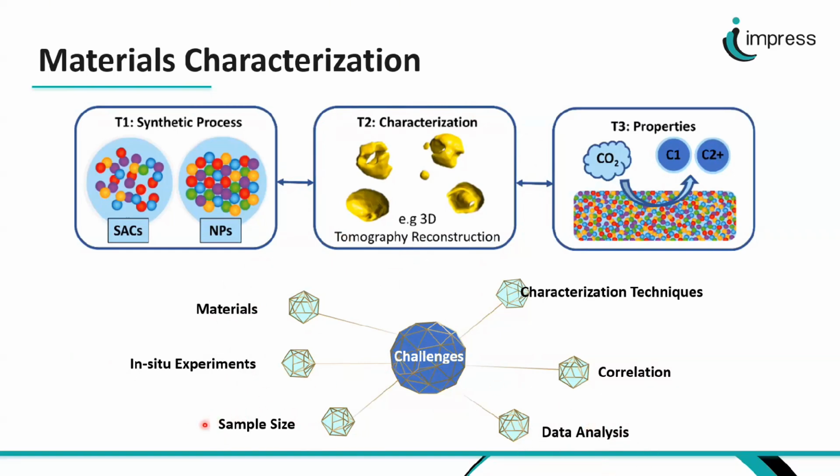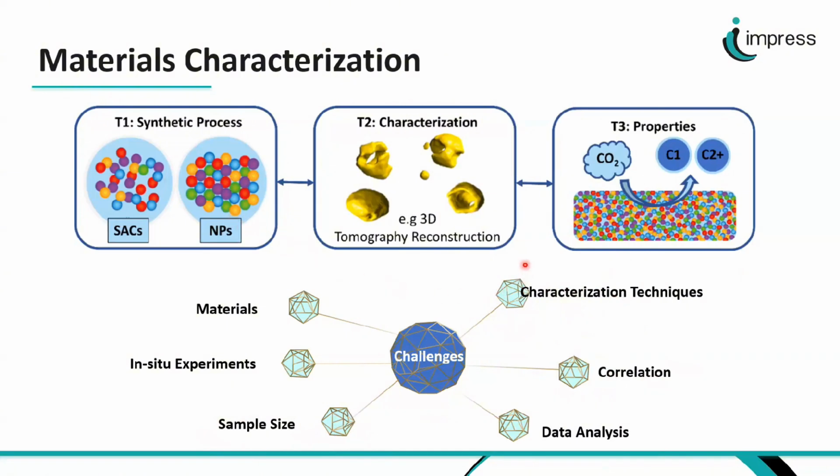The sample size: we need to adapt the samples of these catalytic materials for the TEM, for synchrotron, as Paolo was explaining, and these characterization techniques also face quite a few challenges.